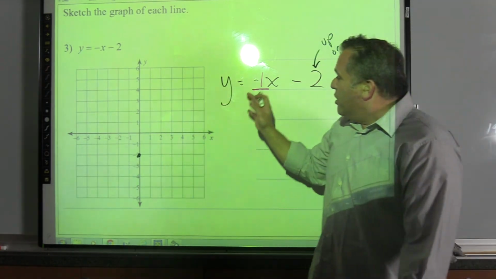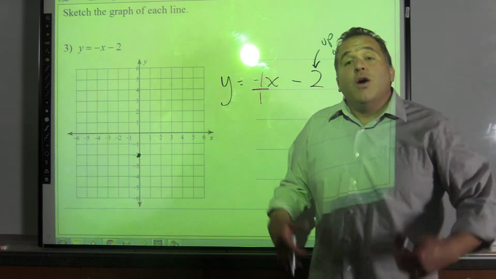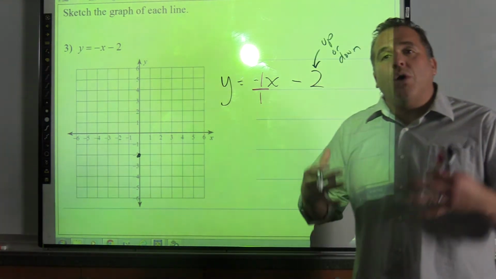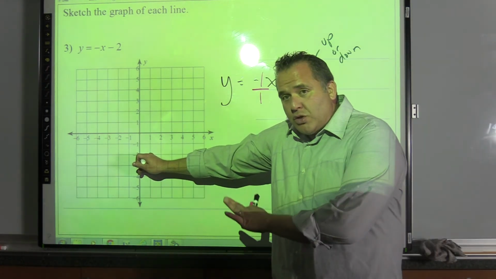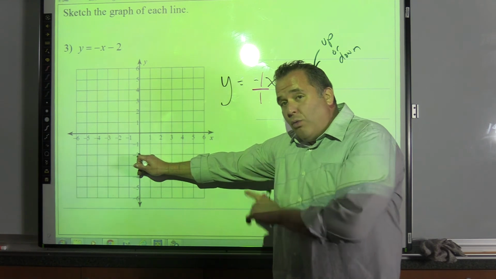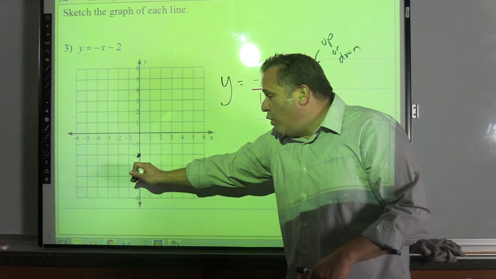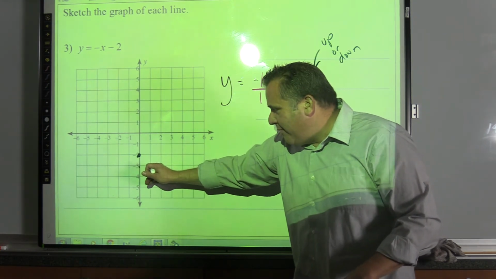Do we start our slope from the point or from the origin? From the point, because if you start from the origin, you're doing it wrong. You have to start from your y-intercept. So you start at the y-intercept, you're going to go down 1 and then to the right 1. So from this point, you go down 1, boom, to the right 1, right there.